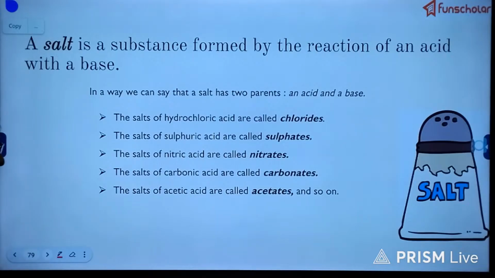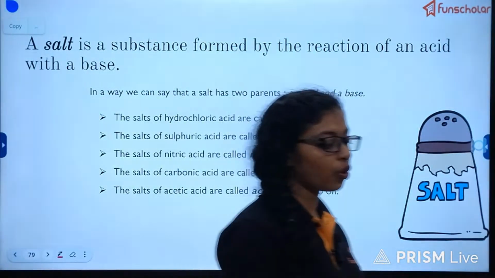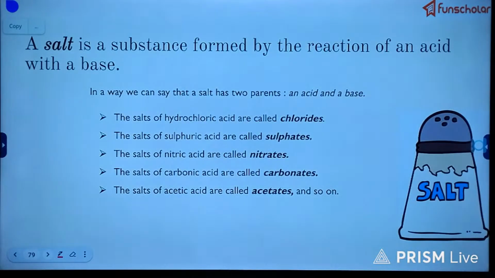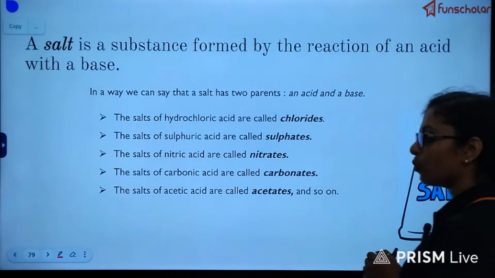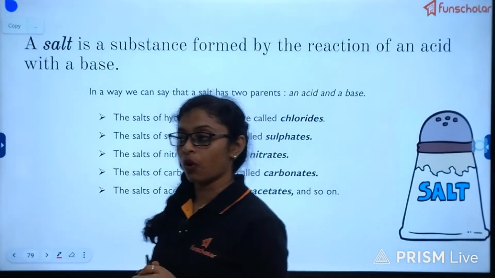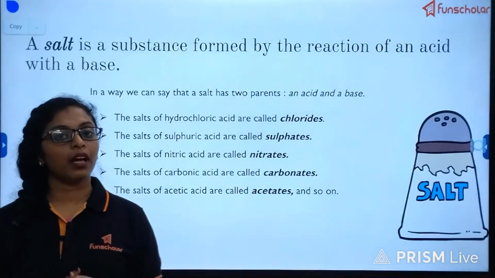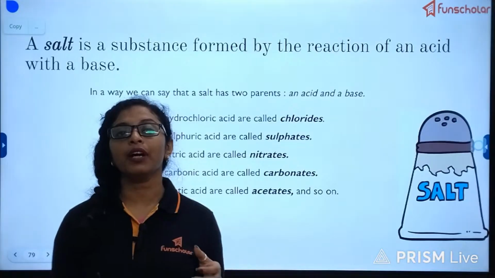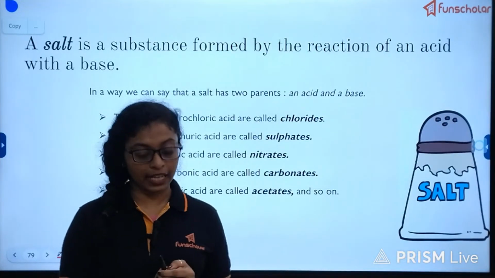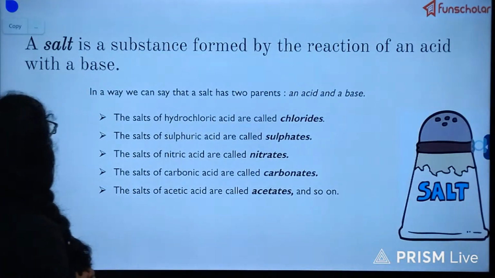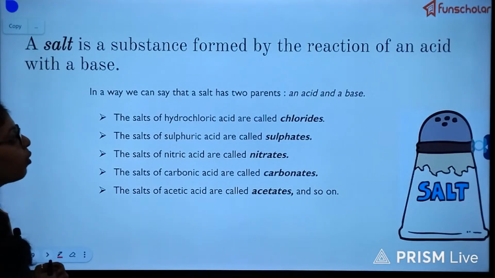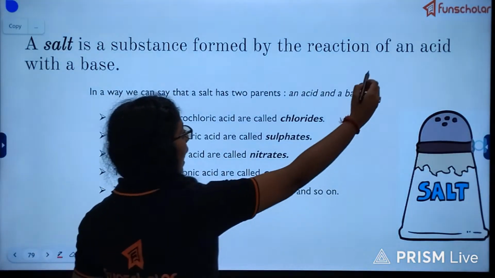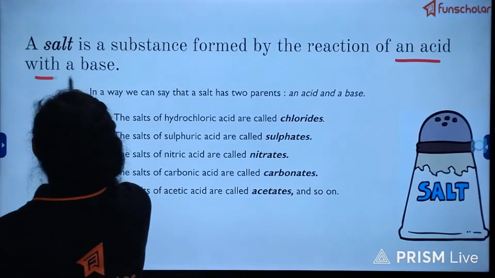So in that particular reaction we saw a particular type of salt, right? Now if I ask you what is salt, you will answer me with the definition of salt by the help of the neutralization reaction itself. A salt is a substance formed by the reaction of an acid with a base.